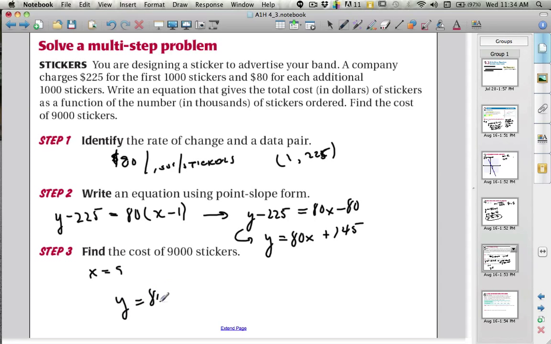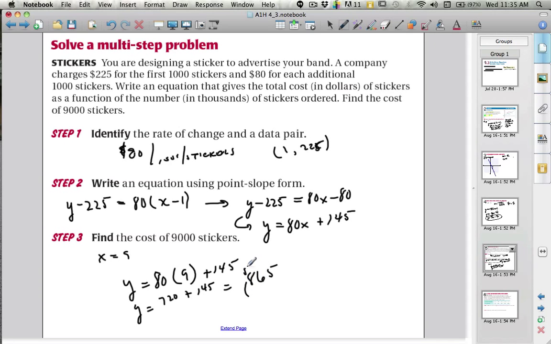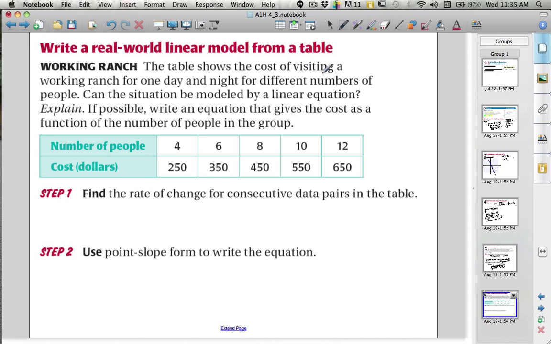So y is equal to 80 times 9 plus 145. So that's going to be 720 plus 145. So y is equal to $865. Okay, 865.